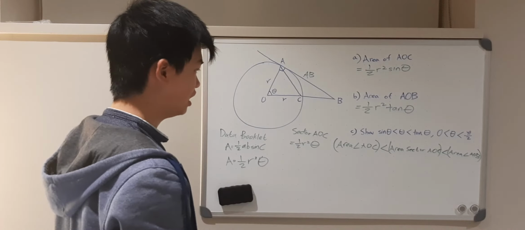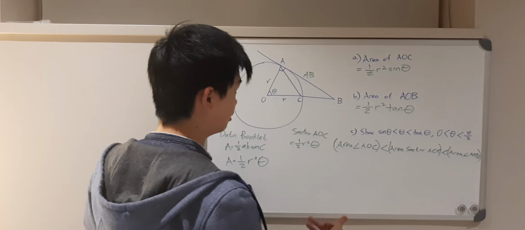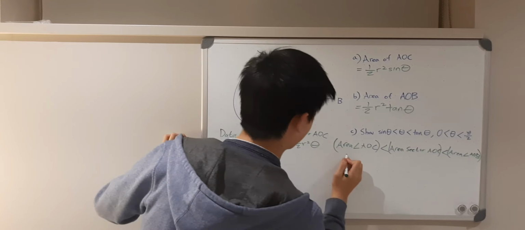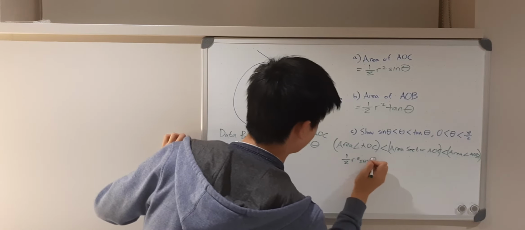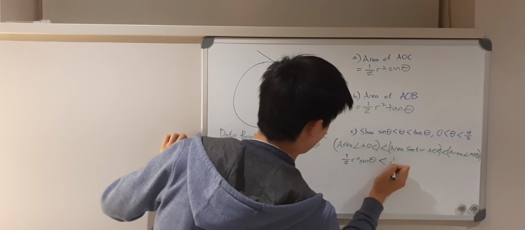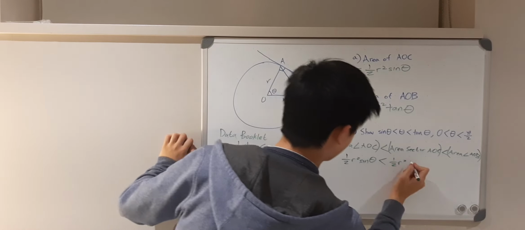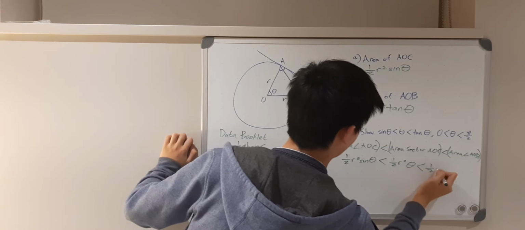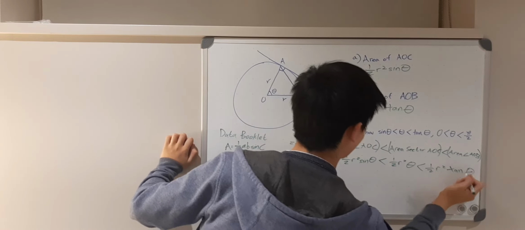Okay, so now let's put down the expressions for all of them. So area of AOC, that's half r squared sine theta, which is less than half r squared theta, which is less than half r squared tan theta.